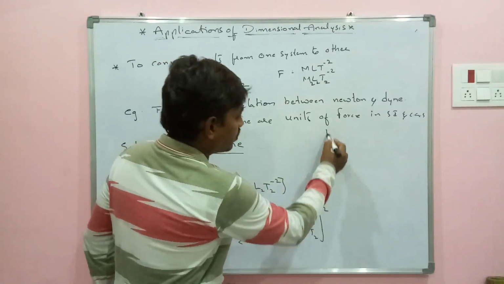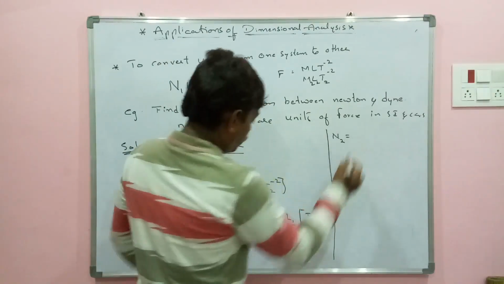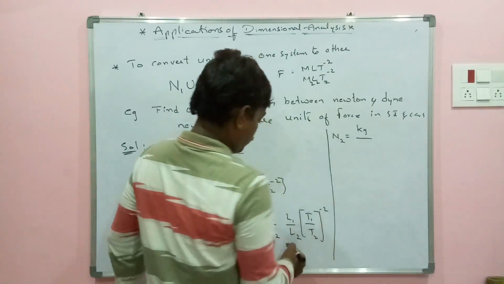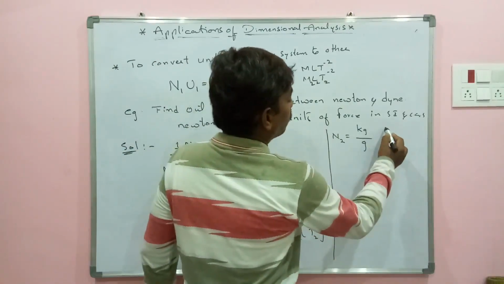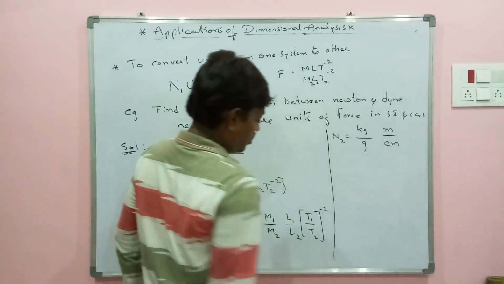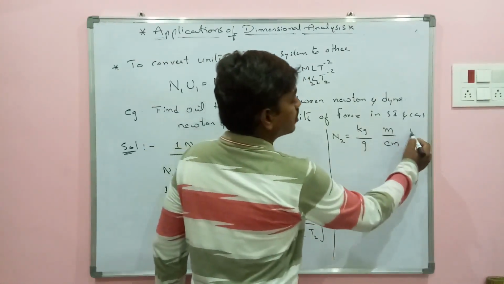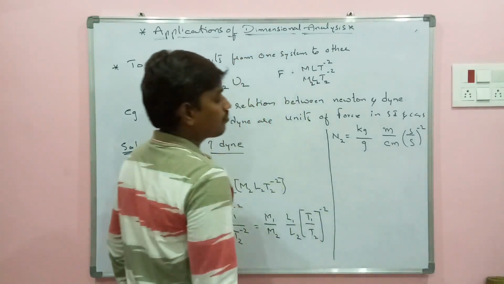So writing their respective values, N2 will be equal to M1, mass in SI is kilogram, by mass in CGS is gram. L1 is meter by centimeter, and T1 and T2 are both time, so second by second, whole to the power of minus 2.